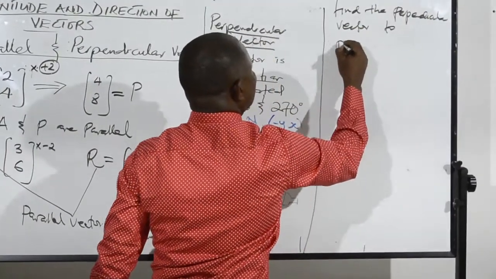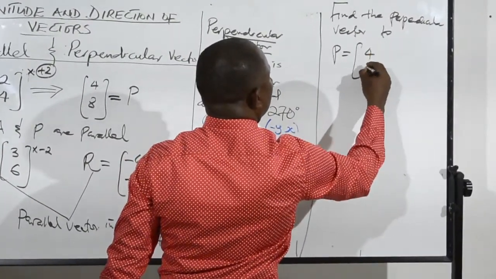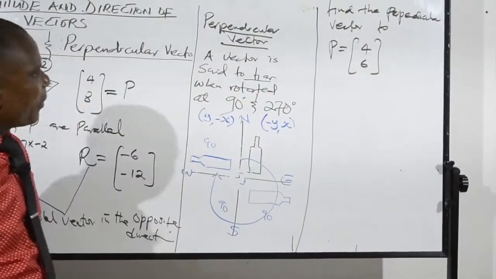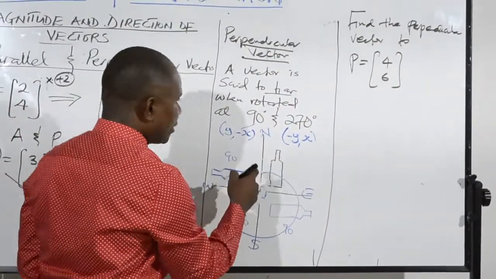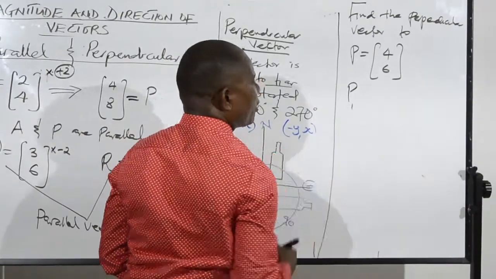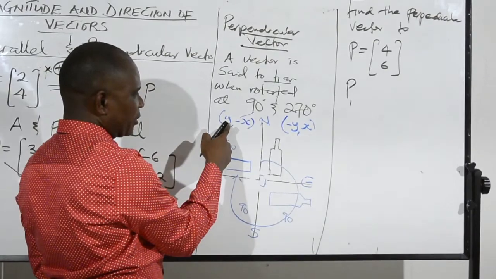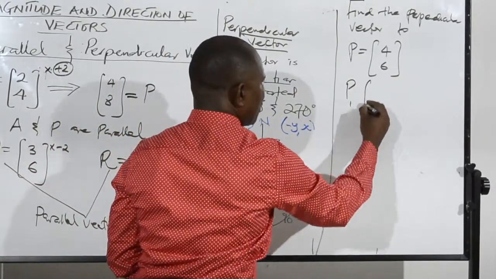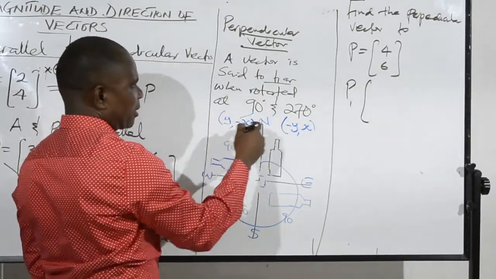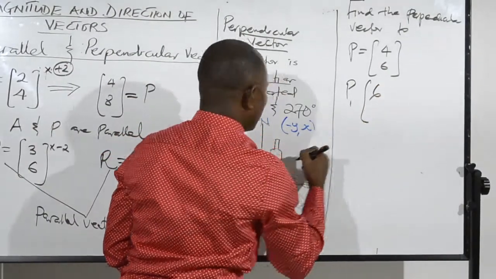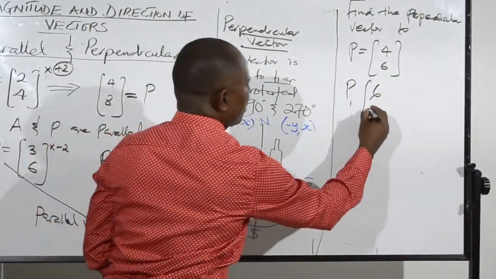So let's say P is 4 and 6. Now I want to find the perpendicular to that vector. I have to rotate it 90 degrees. If I rotate it 90 degrees, I'm supposed to bring the y, that's the 6, then I'll bring the x and put a negative, so it becomes that.